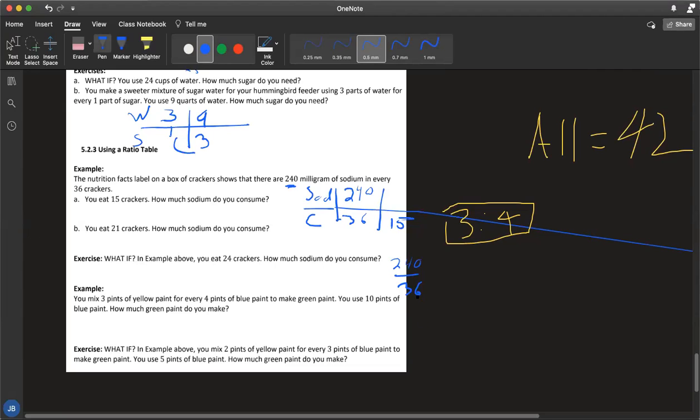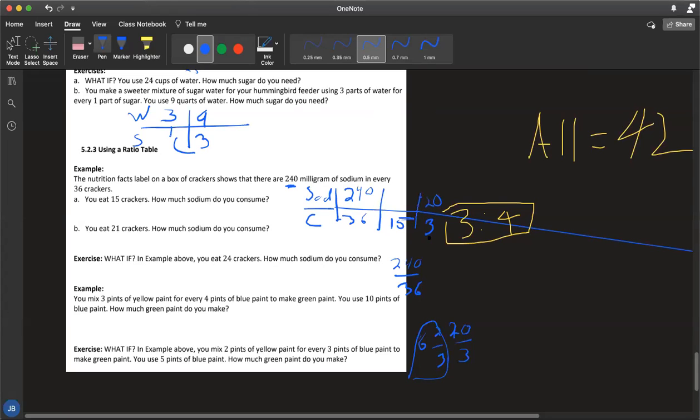So 240 divided by 36 is 6 2/3. So instead of using 6 2/3, we're going to change this to an improper fraction. Does that make sense? 6 times 3 is 18 plus 2. We'd have 20 over 3. So we can also say up here that there are 20 milligrams of sodium per 3 crackers.